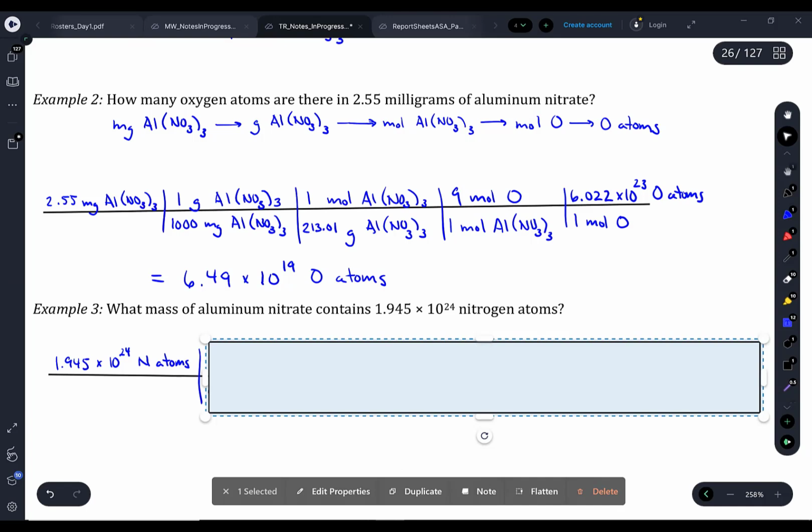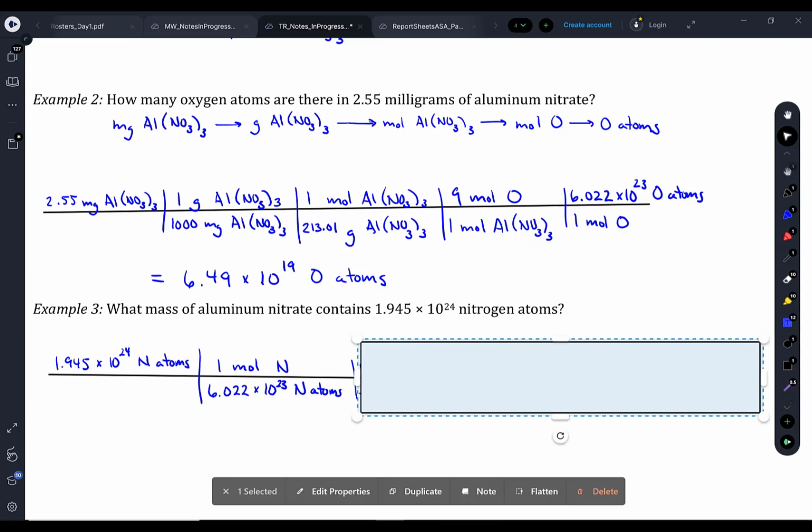All right, so we're going to convert nitrogen atoms, first of all, to moles of nitrogen. Dealing with individual atoms is inconvenient, so we're just going to use the Avogadro number.